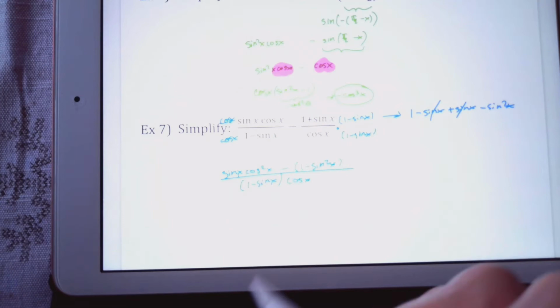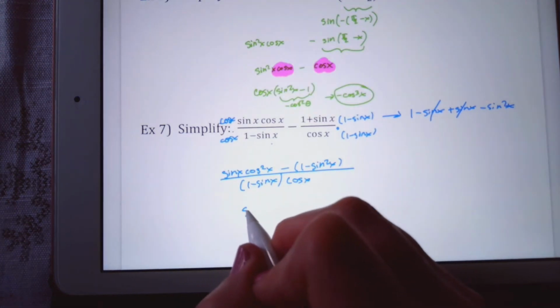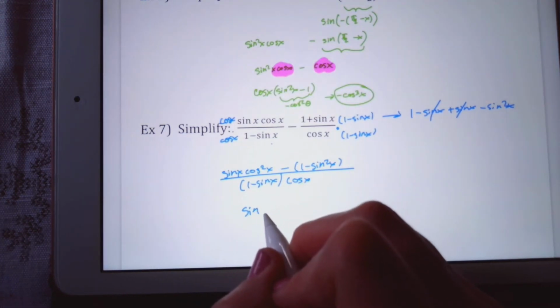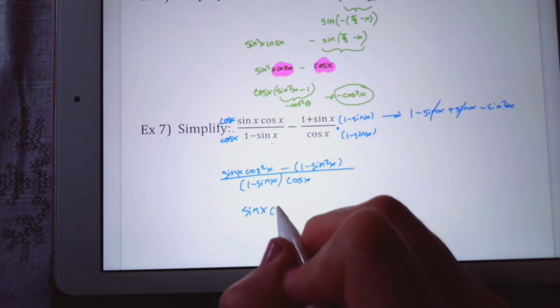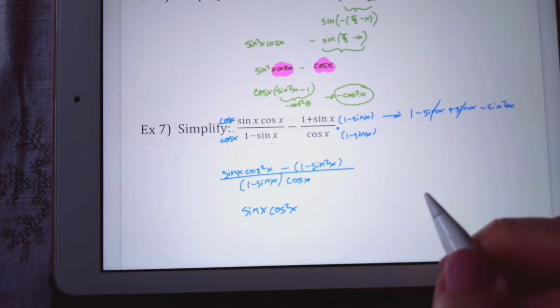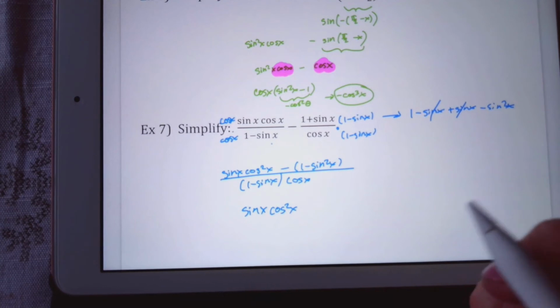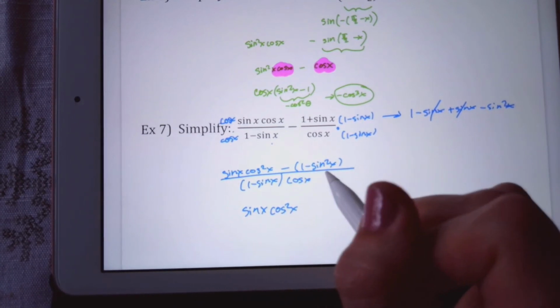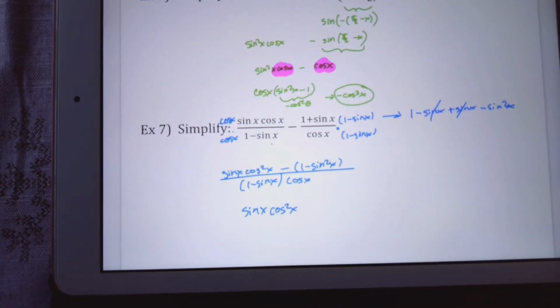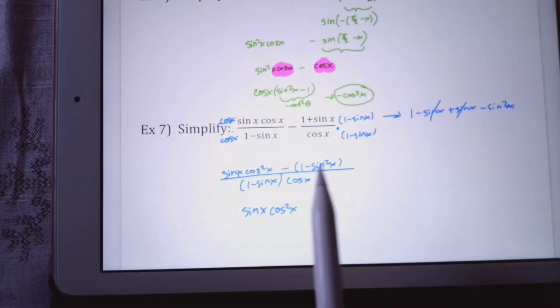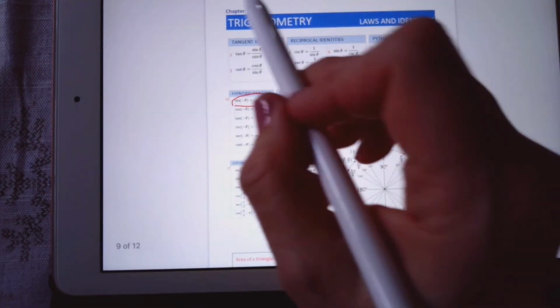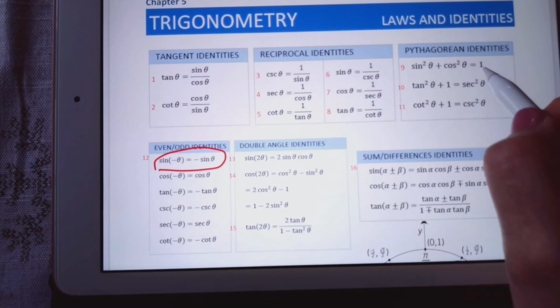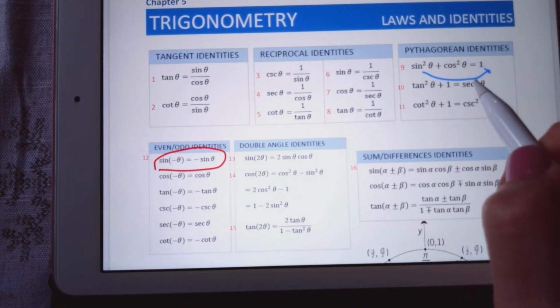Okay, so let's see what we got. So I got sine x cosine squared. Now, I think I'm going to make a change here. If I write this out like that, nothing much is going to happen. But wait a minute, I think I notice 1 minus sine squared. 1 minus sine squared is equal to cosine squared.